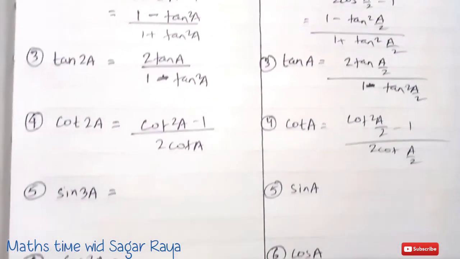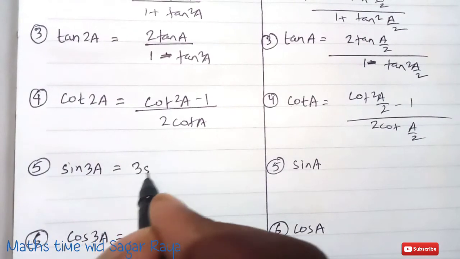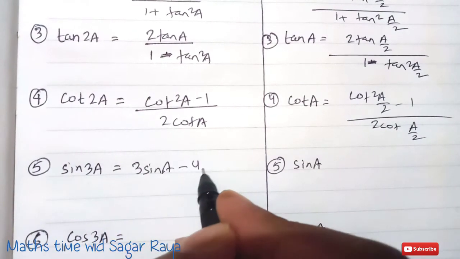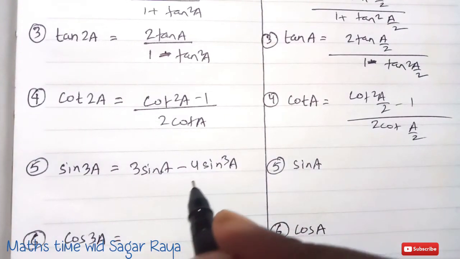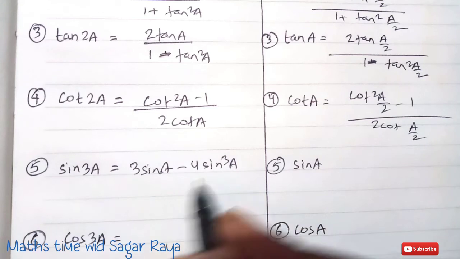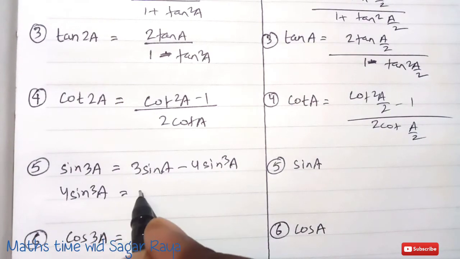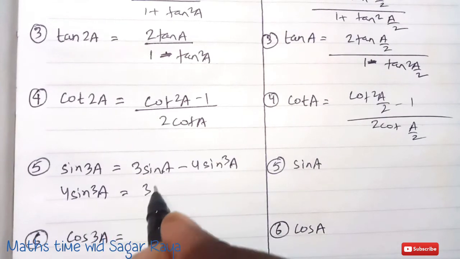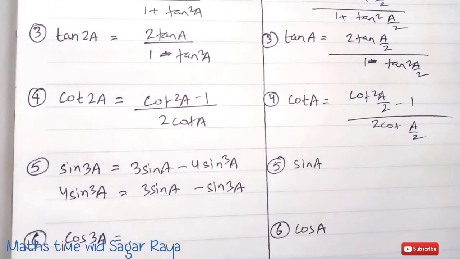Now sin 3a equals 3 sin a minus 4 sin cube a. So you can derive one more formula from here. The formula for 4 sin cube a equals 3 sin a minus sin 3a.